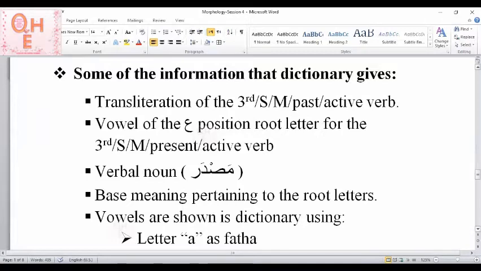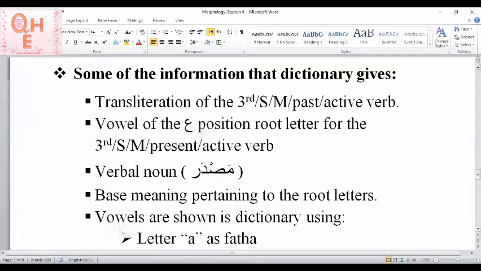And I will show you. That is one piece of information you get. Another piece of information is the vowel of the ain position root letter for the third person singular male present active verb. Okay? The vowel of the second root letter. One more piece of information we get is the verbal noun. In Arabic, we call it masdar.